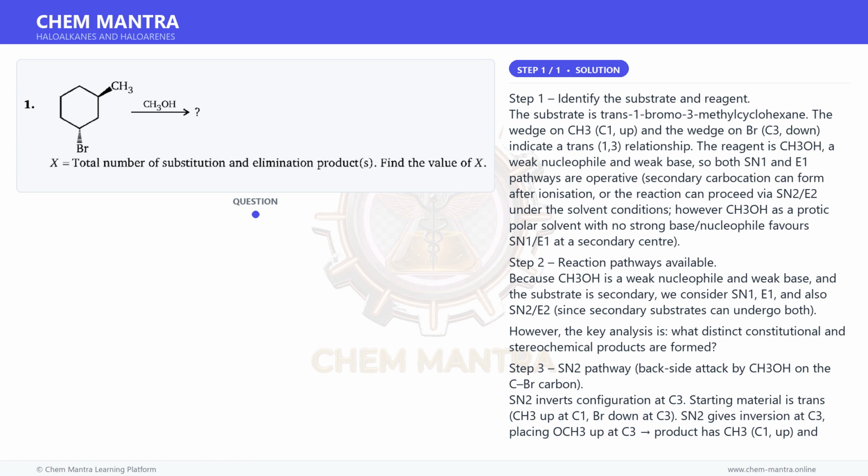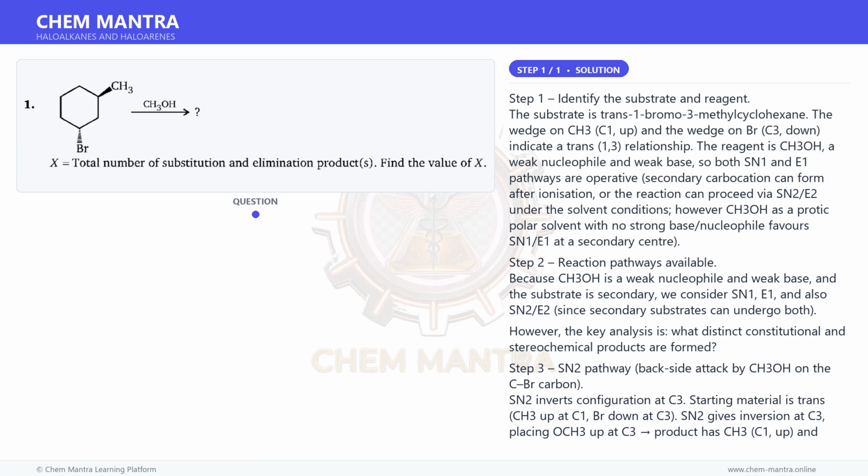A. Attack from the same side as CH3, top, OCH3 up at C3, CH3 up at C1, cis-1-methoxy-3-methylcyclohexane, same as the SN2 product. B. Attack from the bottom, OCH3 down at C3, CH3 up at C1, trans-1-methoxy-3-methylcyclohexane. This is a second substitution product.